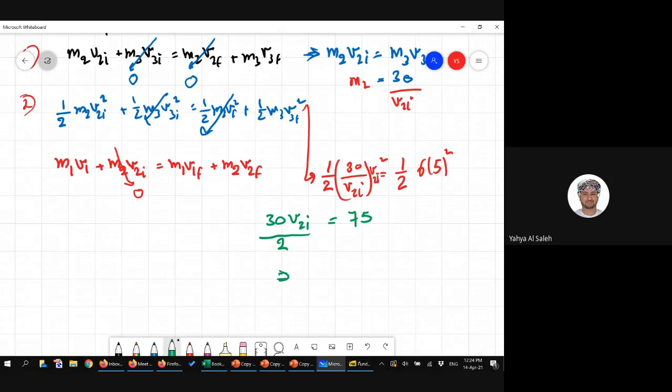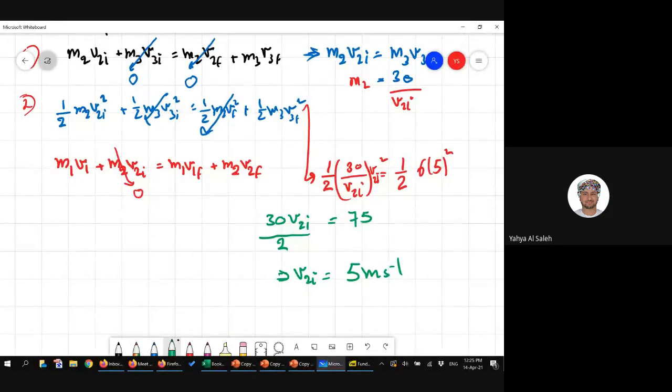Which gives me my V2I to be equal to 5 meters per second. Excellent.